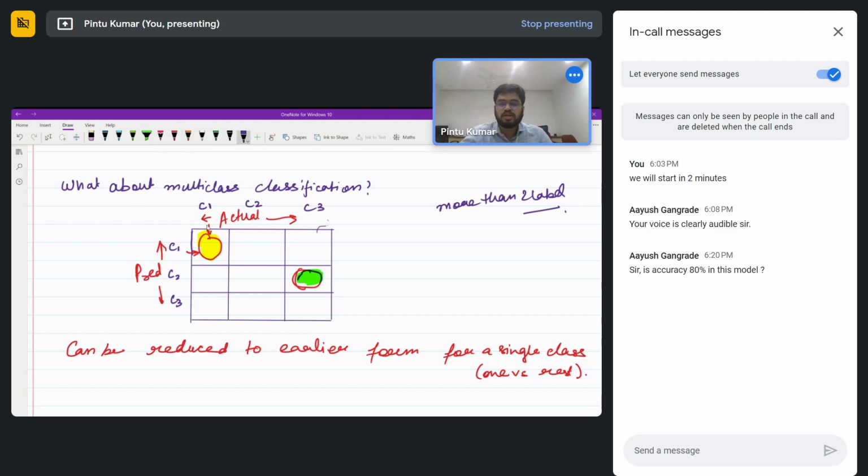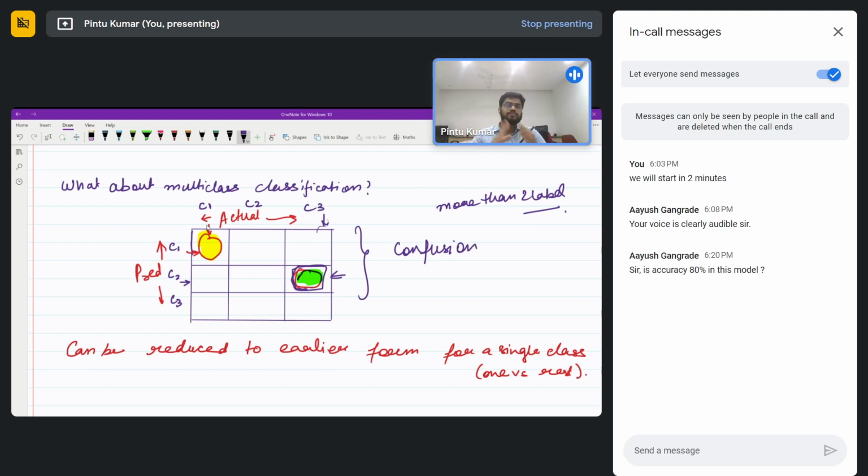This position means that your point was actually from class C3, but your model predicted it to be C2. So how many such points would be there? You will write it in this particular position. So this way you can find a confusion matrix for your multi-class classification.